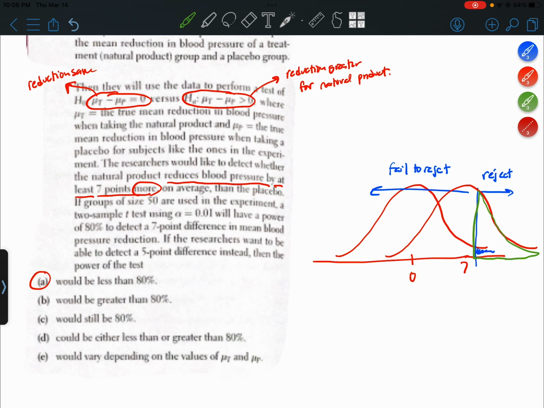The power is the ability to reject the null hypothesis when an alternative is true. So this curve represents an alternative being true, and everything on this side of that boundary line represents rejecting the null hypothesis. So this would be the power right there.